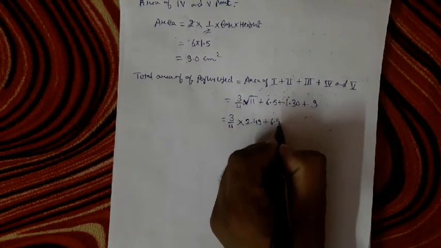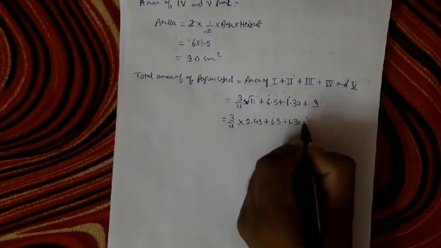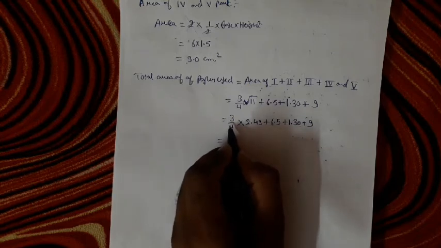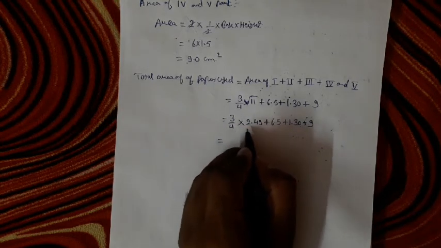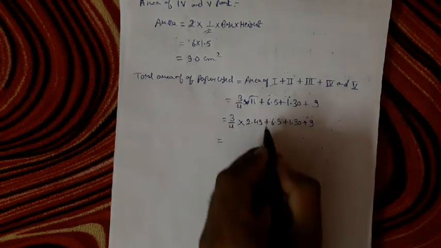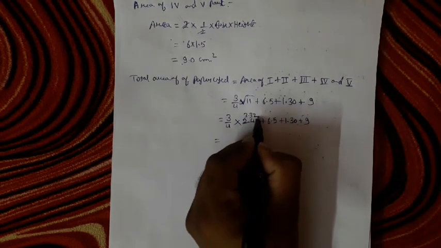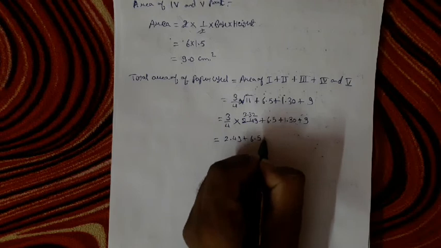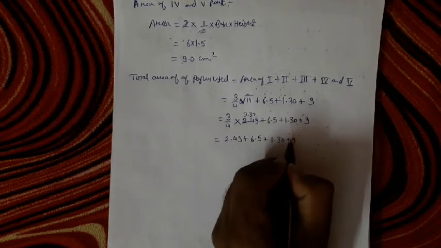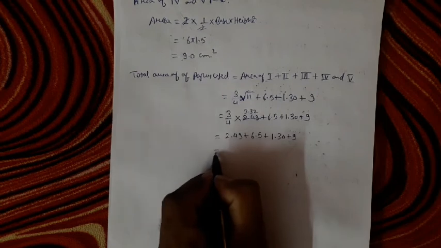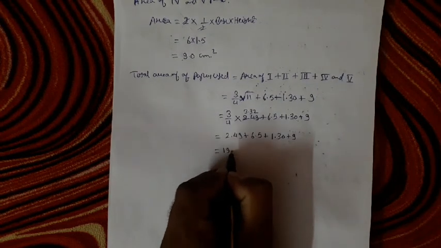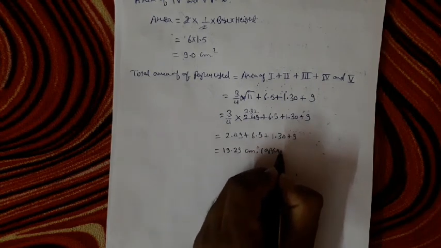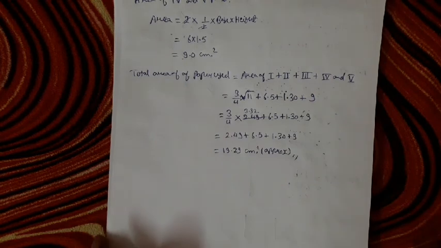So when you solve 3 by 4 into 3.32, you'll get 2.49, plus 6.5, plus 1.30, plus 9. When you add them, finally you'll get approximately 19.29 centimeter square. This would be the area of paper she has used.